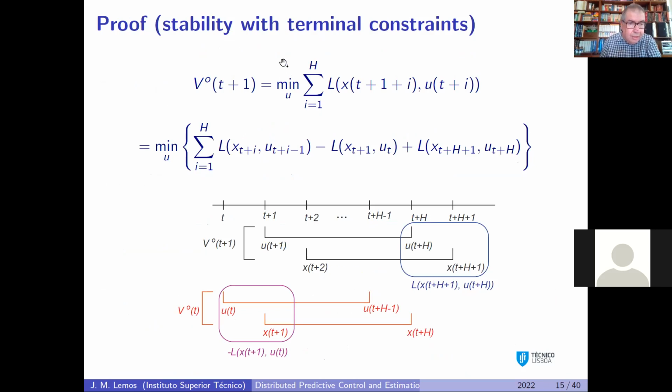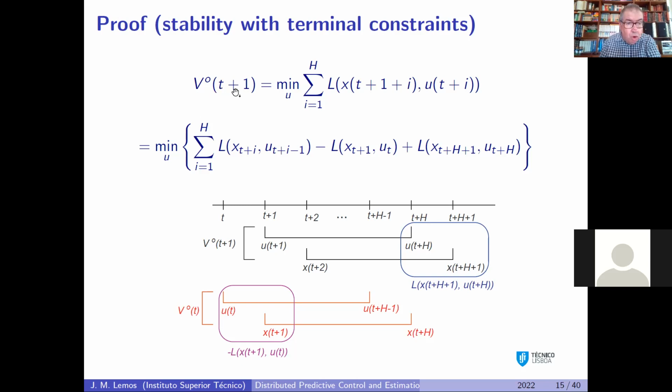So let's write V at time t. Okay, now I'm changing a little bit the notation, but this t is the time. So I want to compute V0 along the trajectory. This is the optimal cost. That's why I put V0.